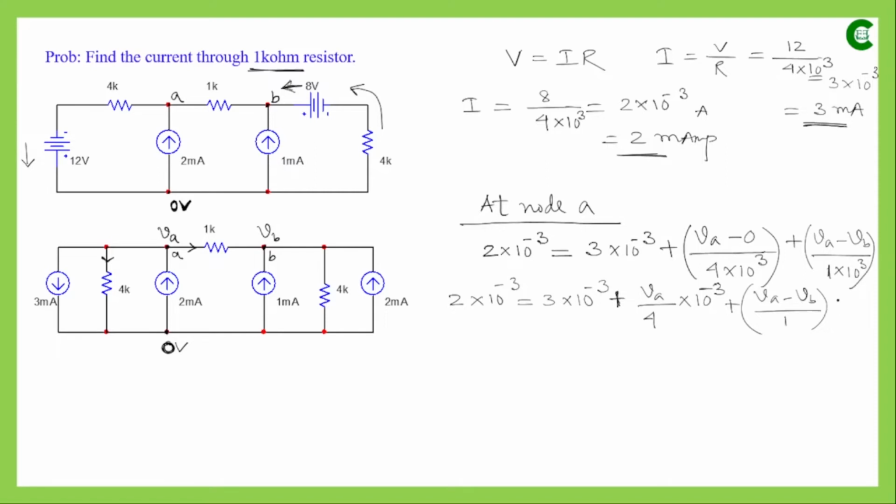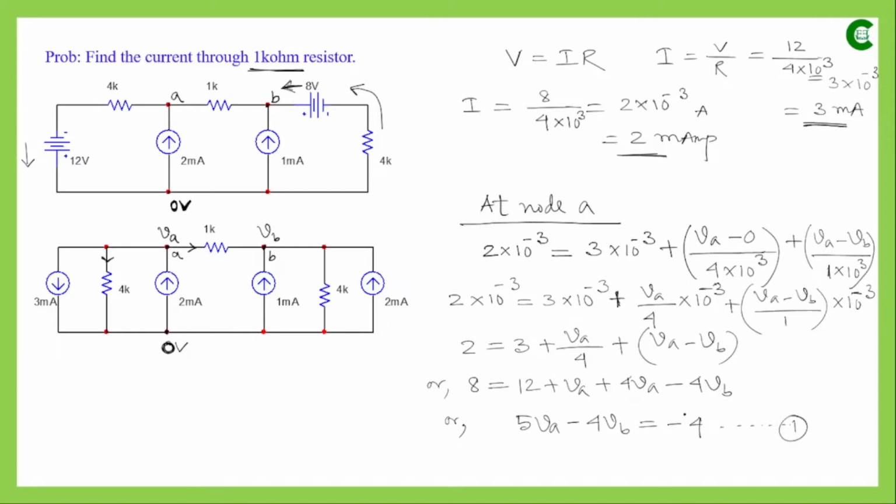If we take it to the numerator, then it will become 10 to the power minus 3. Now as we can see, in this equation, each term has this common factor of 10 to the power minus 3. So if we divide both sides of that equation by 10 to the power minus 3, then we will not have this factor anymore in that equation. So this is our first equation that we have formed with respect to node 1, after applying KCL at node 1.